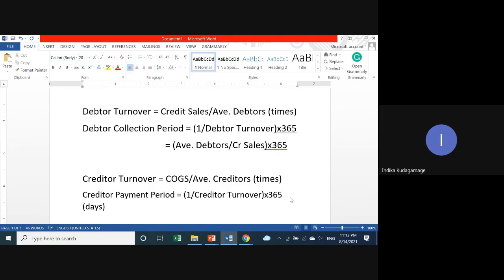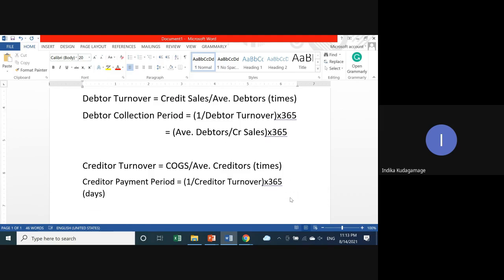Right? Or you can write the same thing as average creditors divided by cost of goods sold into 365. Something days. Right?